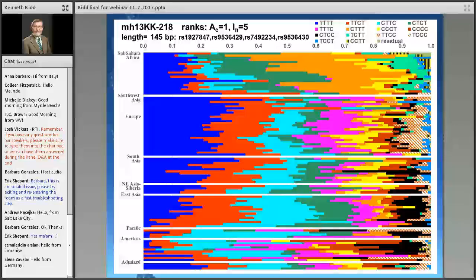The third one is the best of the 65 for the number of alleles, the effective number of alleles, and pretty high for informativeness around the world. Notice green and orange in Africa, less blue in East Asia.